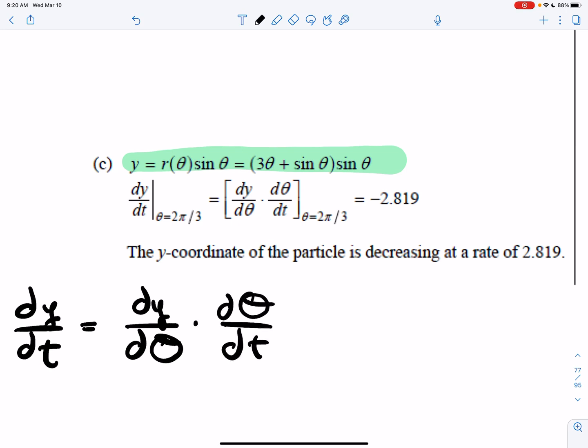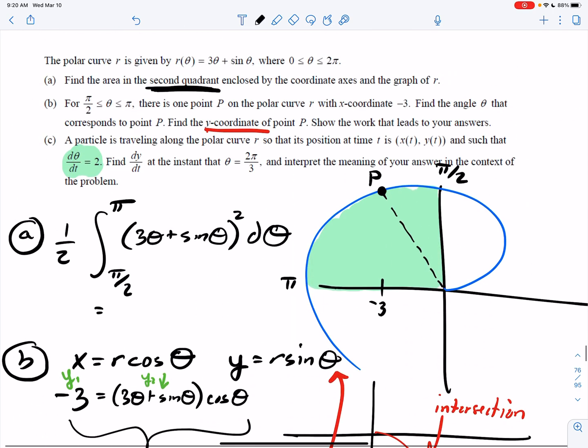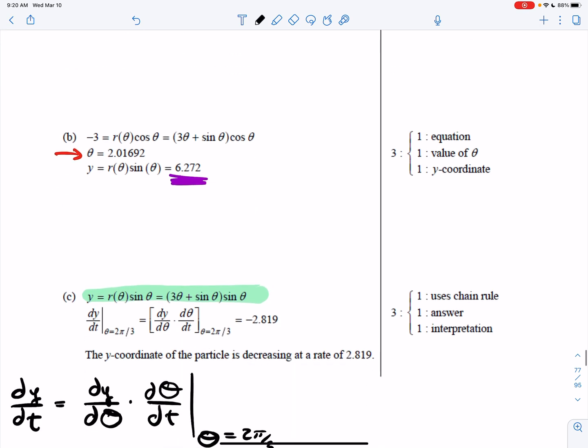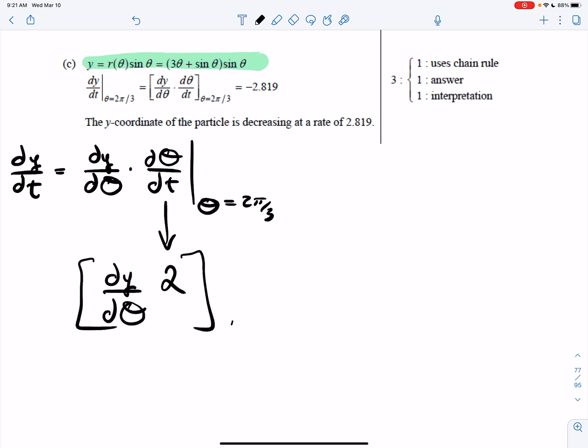Okay, so dy d theta times d theta dt at this value. And then they do tell you that d theta dt is equal to 2, so they kind of give you the value there without having to guess. So 2 times dy d theta, evaluate it at 2 pi over 3.